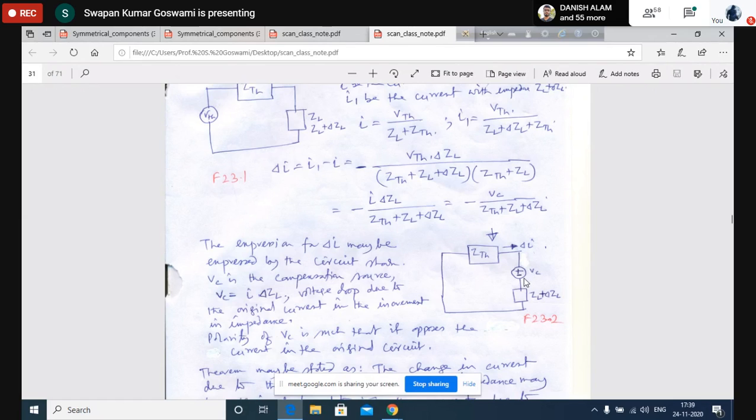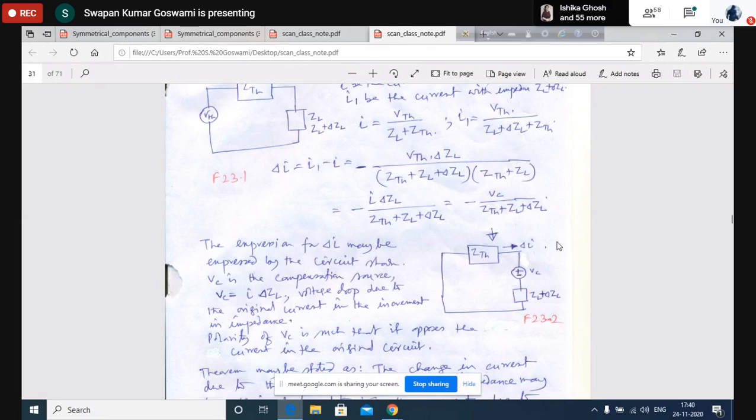So this expression, delta I equal to minus VC by this impedance, is being represented by this circuit, where we have shown a voltage compensation source as if this compensation source is driving the current. This current is actually flowing in this direction, and the value of this source is I into delta ZL. The total impedance of the circuit is Z Thevenin in the initial circuit shown in the original position.